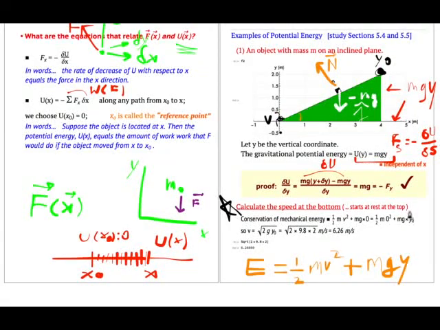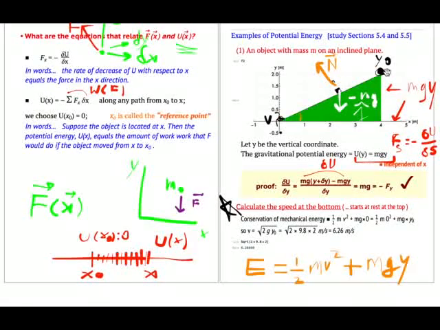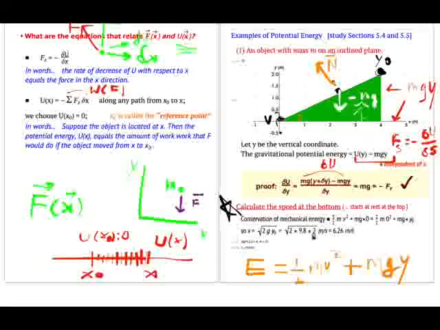Well, y at the top is y0. I can cancel m, the mass doesn't matter. Multiply both sides by 2, take the square root, and I get v equals the square root of 2gy0. It's 2 times 9.81 meters per second squared times y0, which is 2 meters.